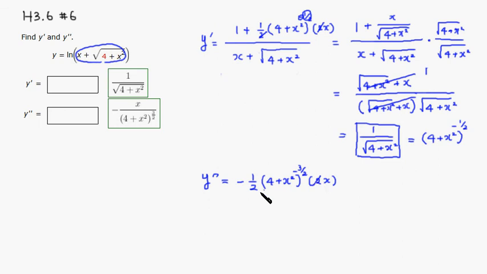So 2 on top, 2 on the bottom, cancel out, and what you get is you still have a negative sign, right? Then there's an x here, so x is on top, right?